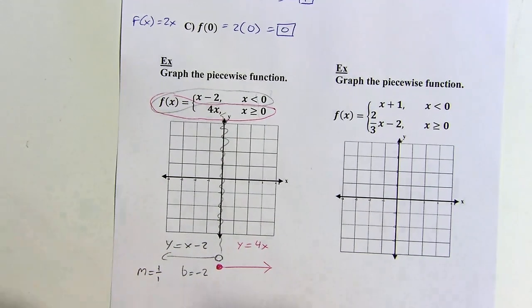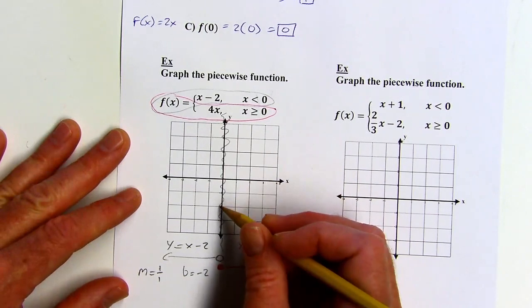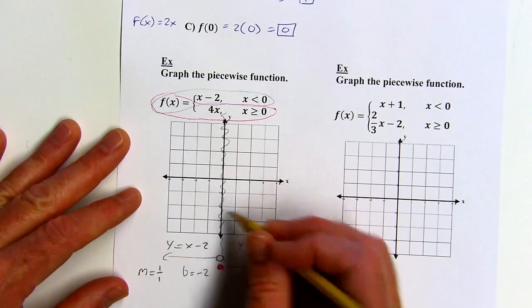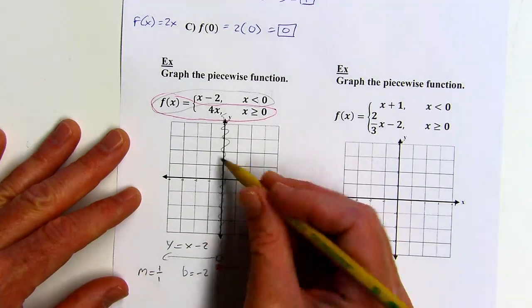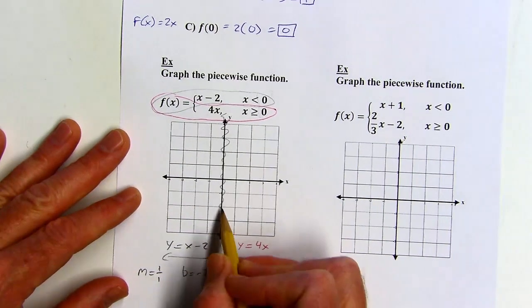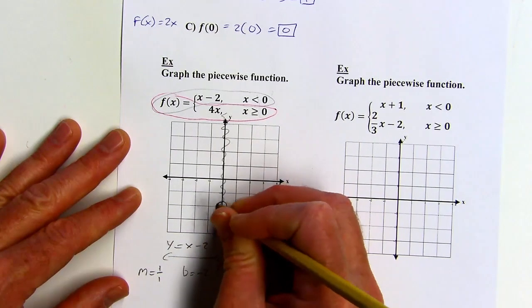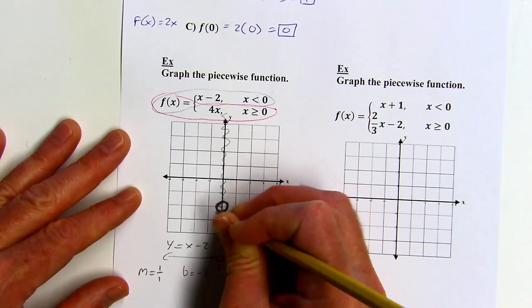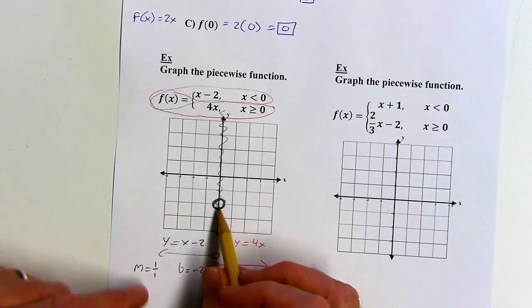So I'm going to very lightly put a little dot at -2. I don't want to put a closed dot here because this is the border, and for this function, it can't be equal to any point there. So it's going to be an open dot to show this isn't part of my graph. And from that point, I'm going to use the slope.